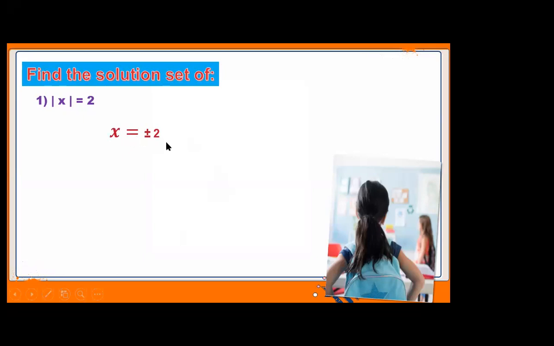When we remove the mod, on the right hand side we get the plus minus sign. So hence the solution set is x equals curly bracket open minus 2 and plus 2.